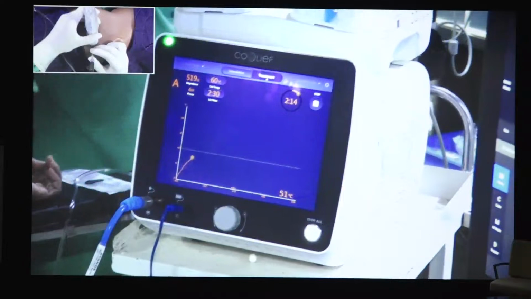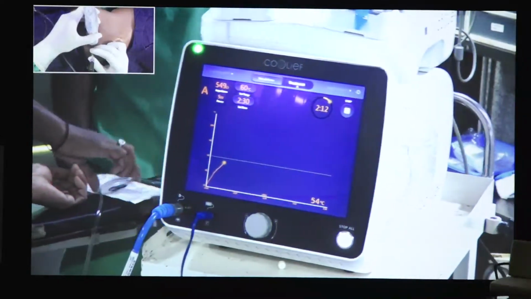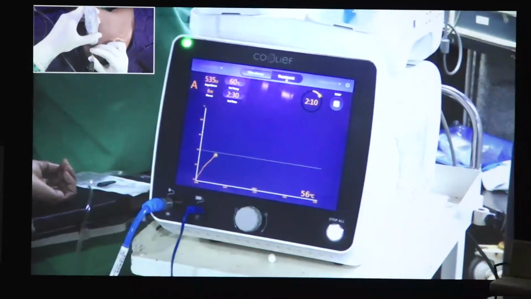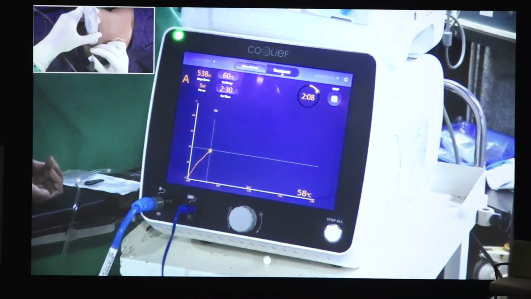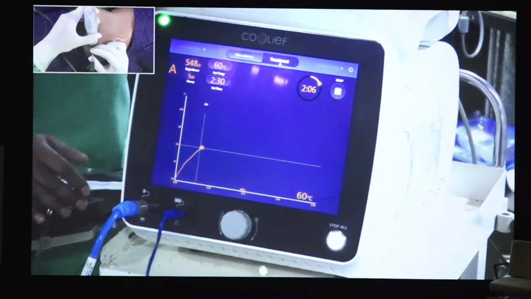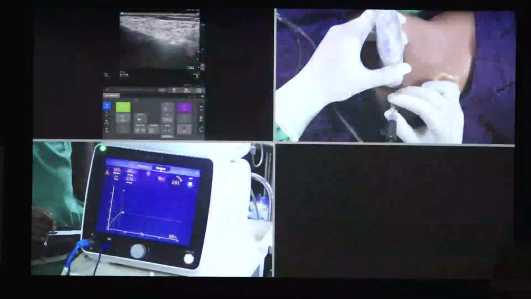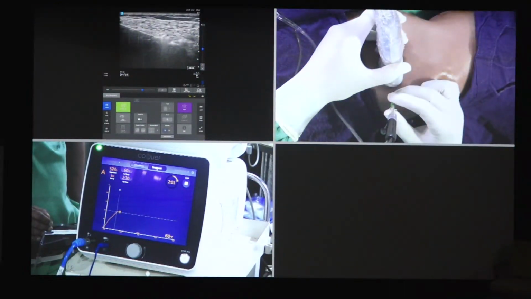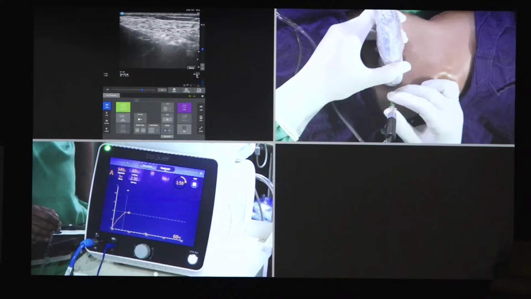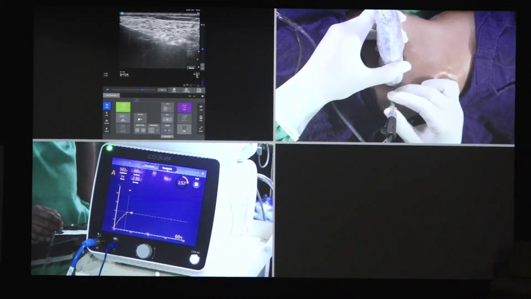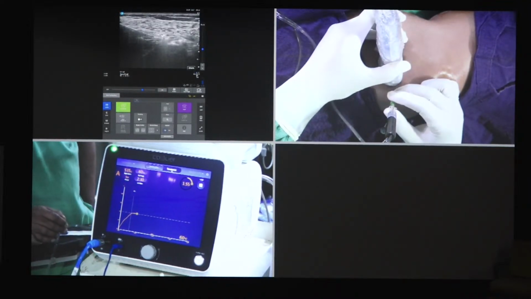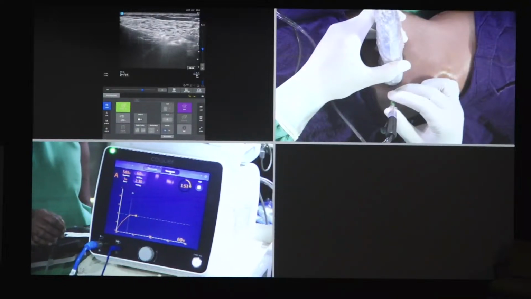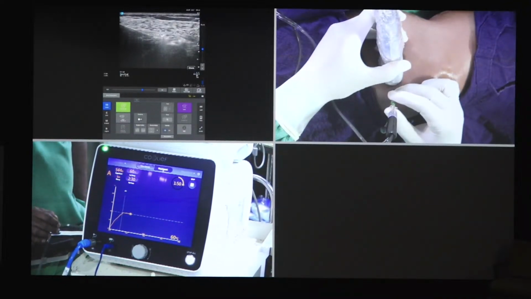So we are doing cold RF since we need a little larger lesion. 20 seconds, pain, okay? Conventional, there can be a little more pain because we go up to about 80 degrees for 90 seconds.